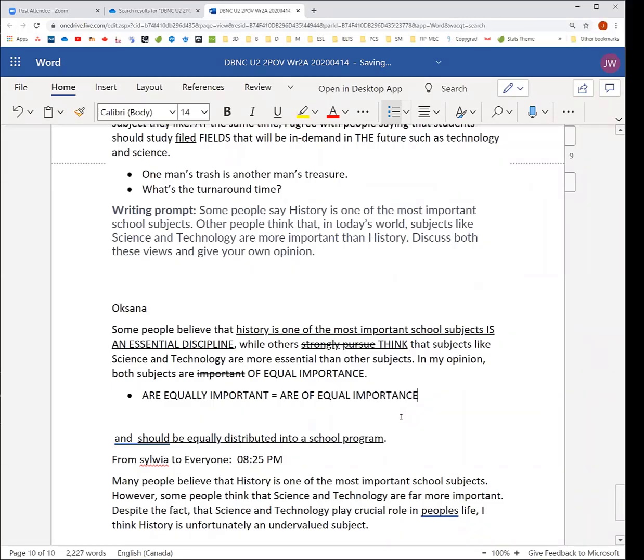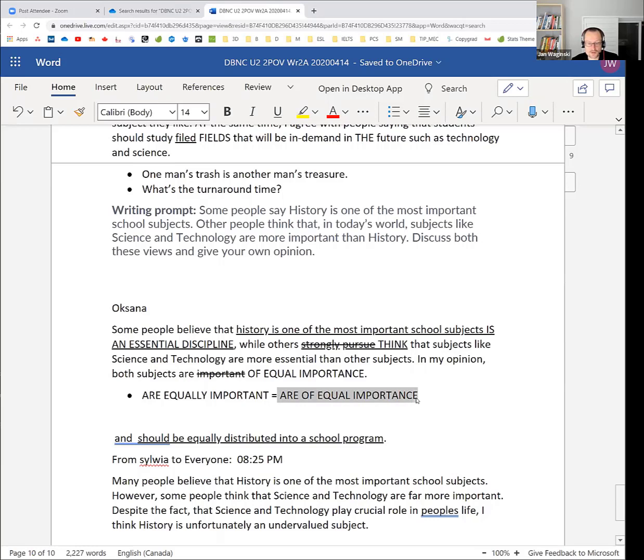It's exactly the same. These are equivalent. So can I use both? Yeah, but you want to use this one because the prompt already uses important twice. So the easiest way to do this is to change the form of the word, but then your grammar has to kick in.